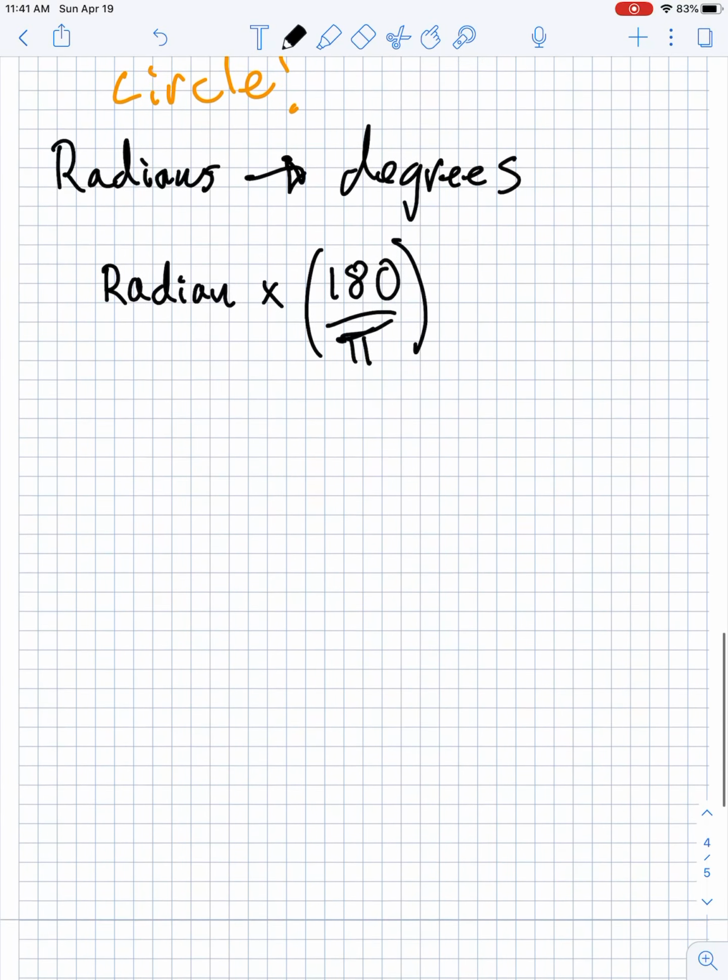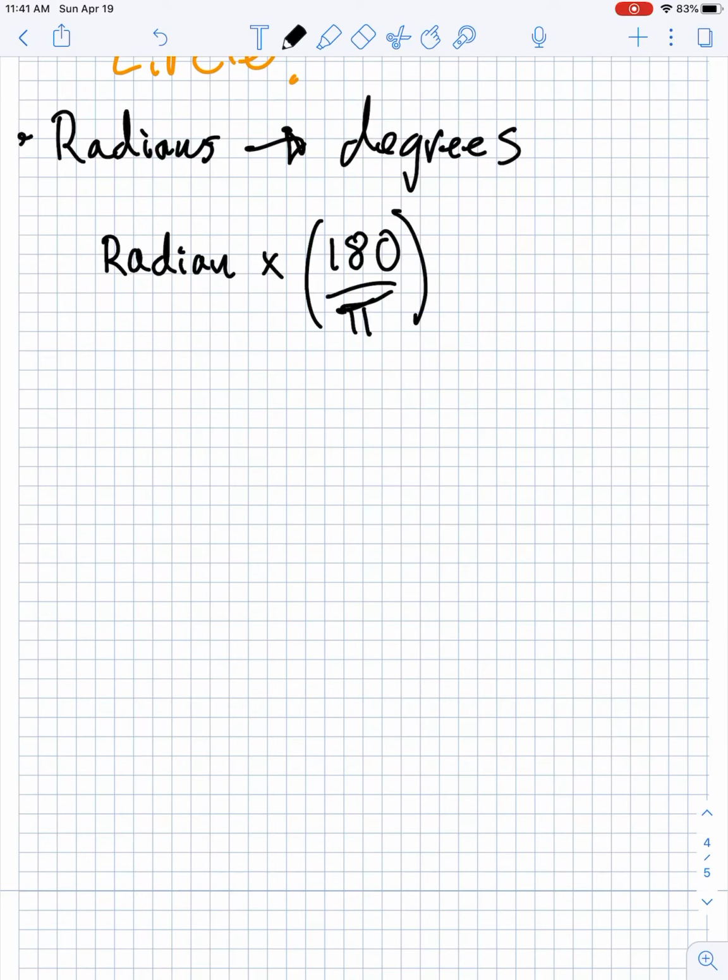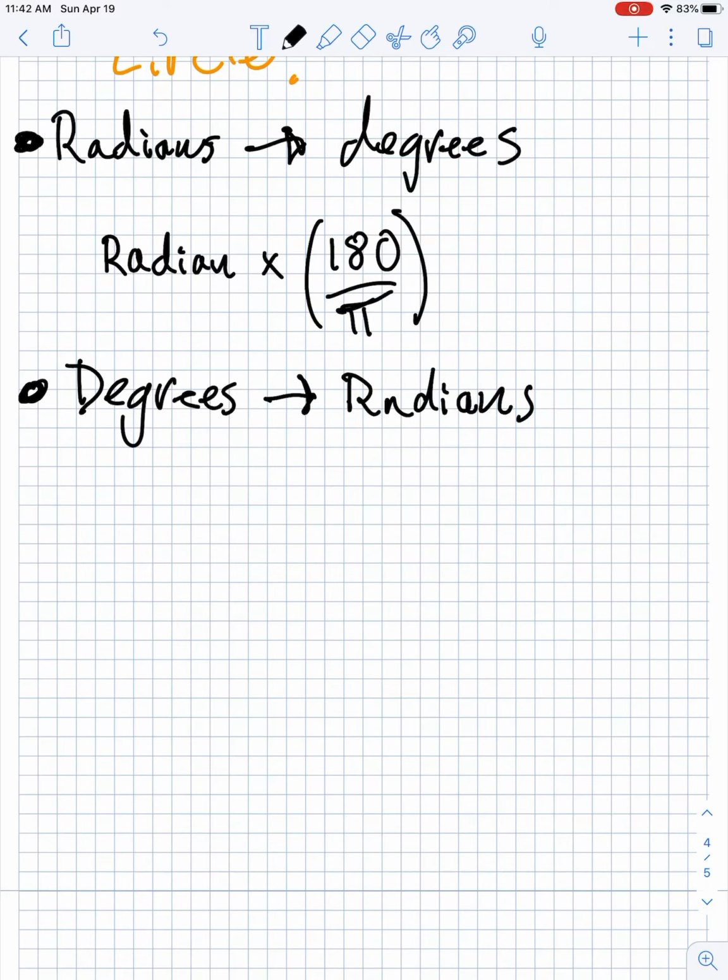If you are going to convert from degrees to radians, so the other direction, degrees to radians, gosh, my handwriting, I'm sorry guys, you would take your degree and then multiply by pi over 180. So you're always multiplying by 180 over pi or pi over 180.